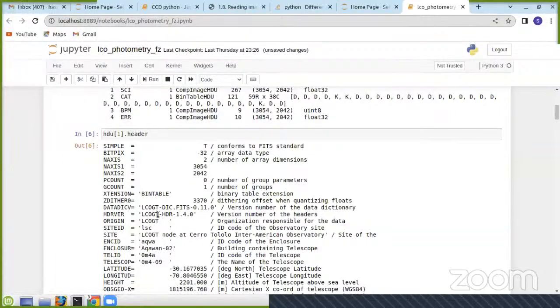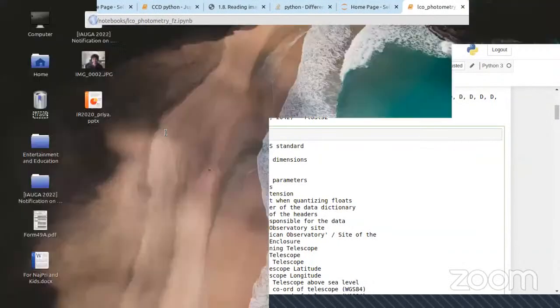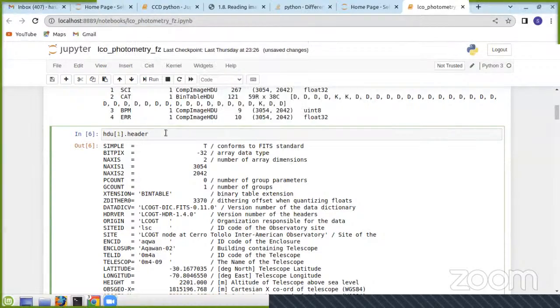I don't know what's happening, and if I meddle around, then the whole thing may go. We'll be sharing this file with you. Once you download a FITS file from the site which Priya mentioned, you can use these commands.